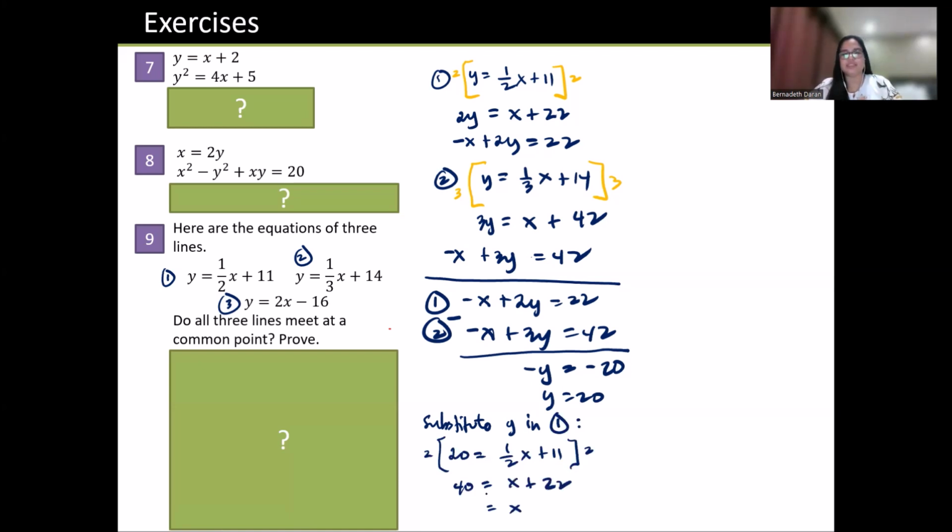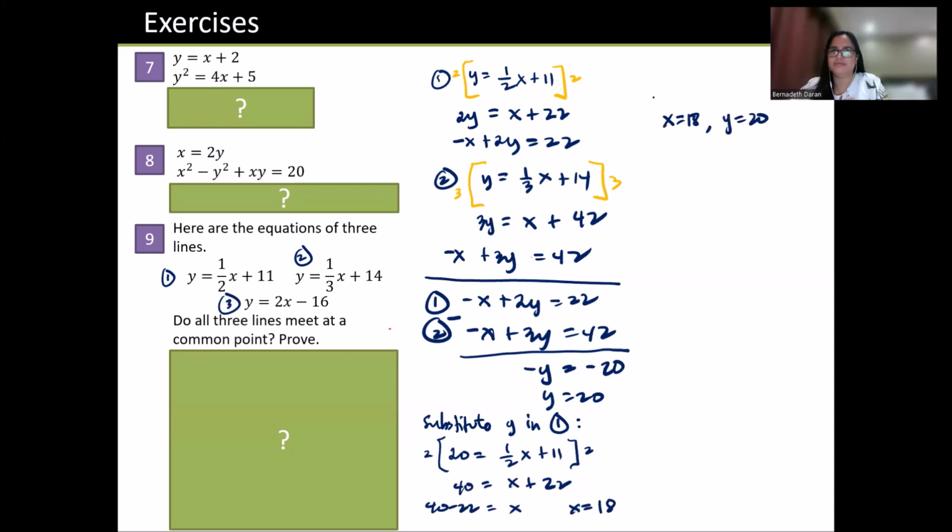Or that would be x is equal to, what is 42 minus 22? So we have x is equal to 42 minus 22, that is equal to 18. Okay, so we have x is equal to 18 and y is equal to 20.